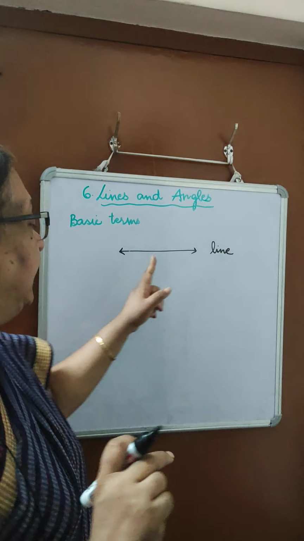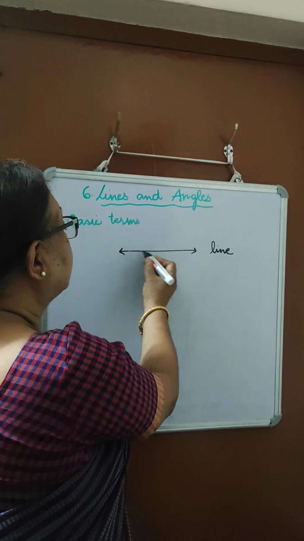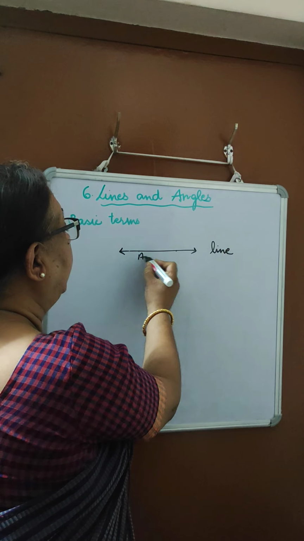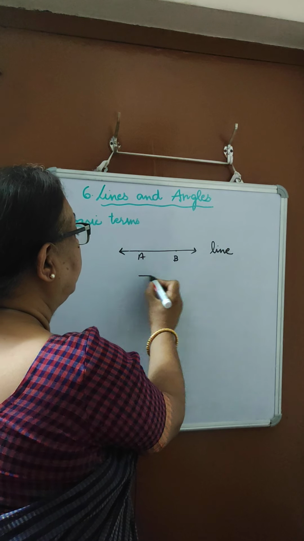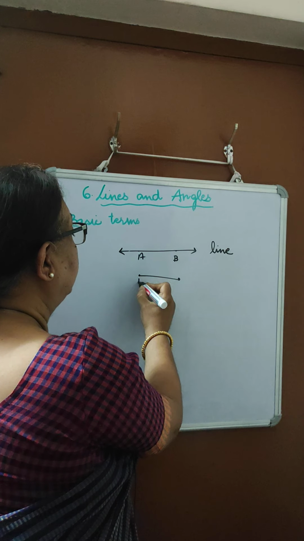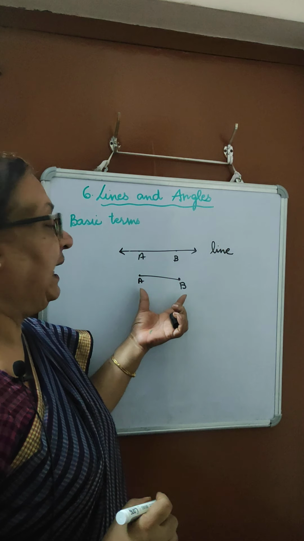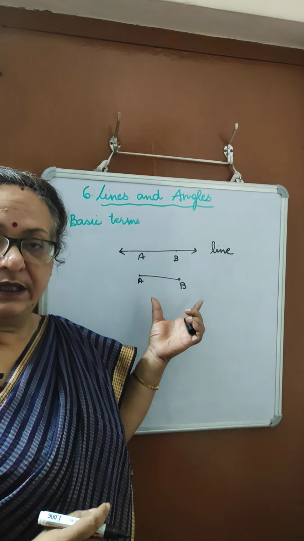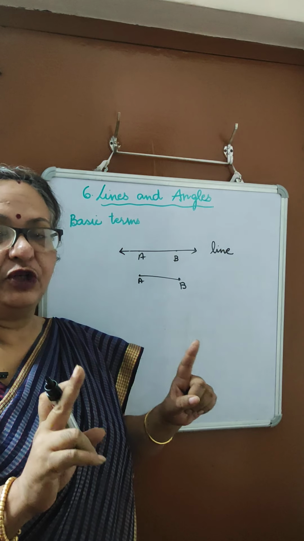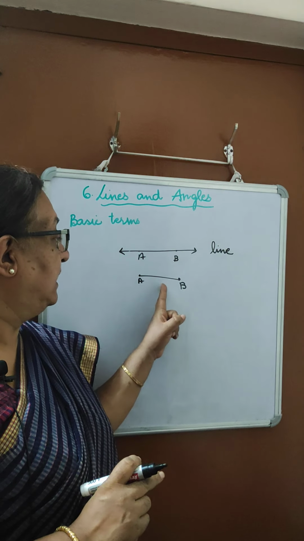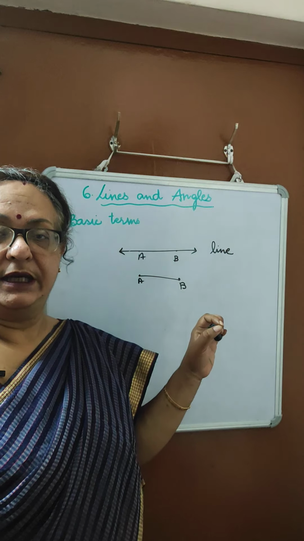Now suppose here I take 2 points on this line, A and B. Now what do you see here? A and B are 2 points, fixed points. That means you cannot extend this.